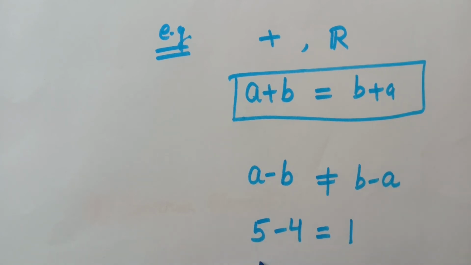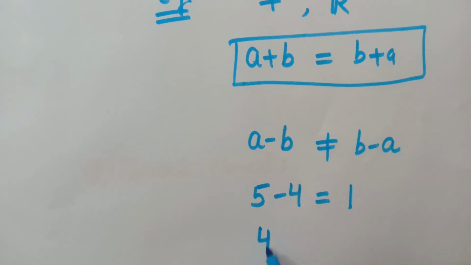But if we change the order, then we'll have 4 minus 5, and that would be equal to minus 1. And clearly these two are not equal. So subtraction is not commutative on the set of real numbers, neither on the set of integers, nor on the set of rational numbers, nor on the set of complex numbers. Followed?